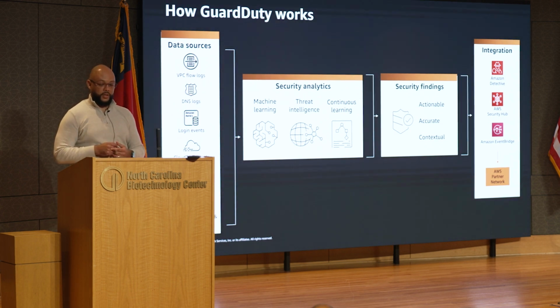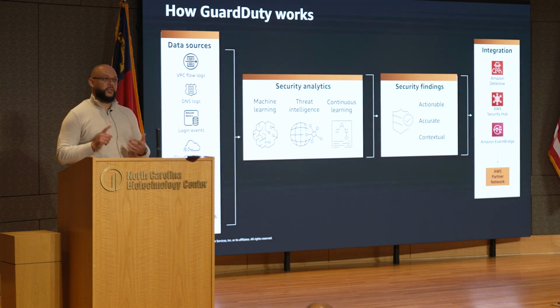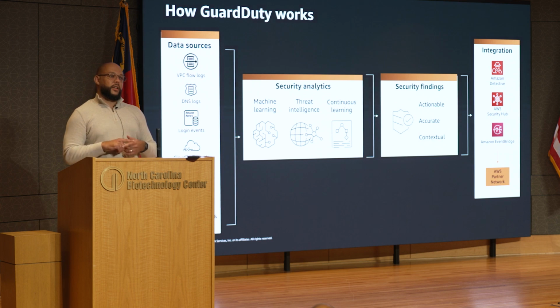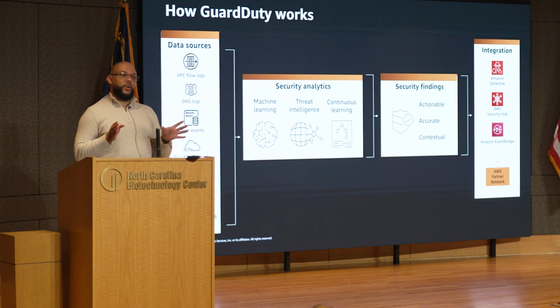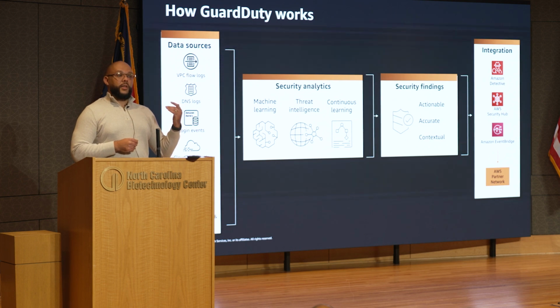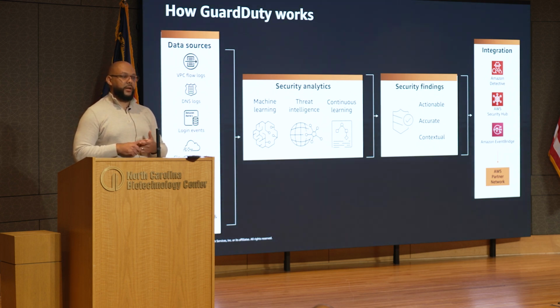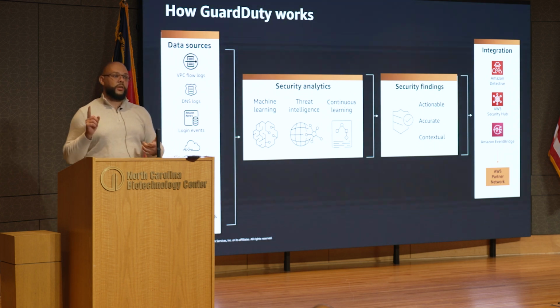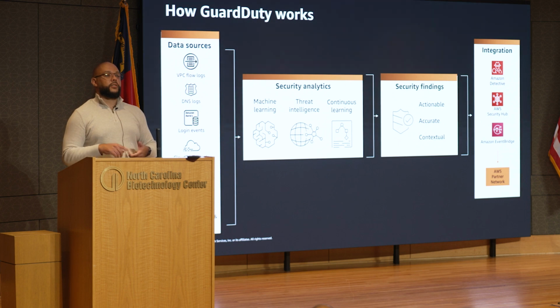What GuardDuty does is it consumes data from various sources such as VPC flow logs, DNS logs, account login events, CloudTrail events, S3 data plane events if you opt in, and then there are some other opt-in areas as well. We added malware protection in GuardDuty. There's protection for Lambda functions. There's protection for EKS workloads, Elastic Kubernetes Service workloads.